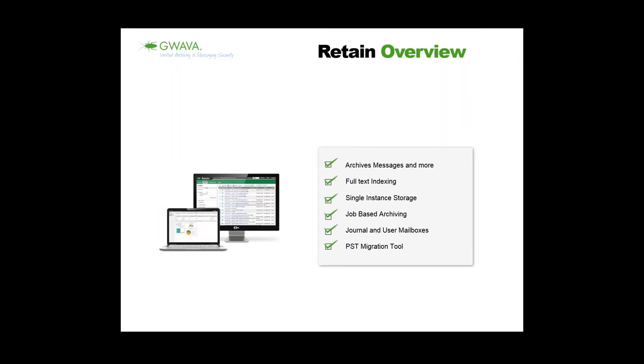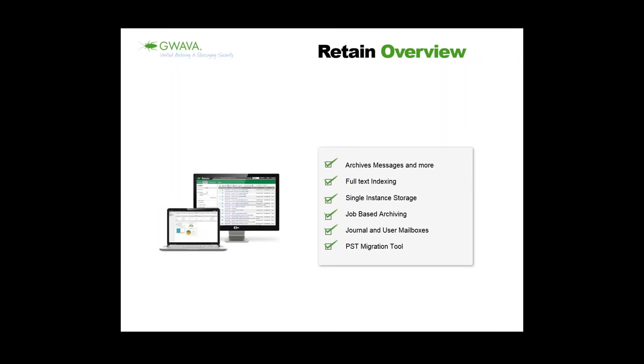We archive the folder structure from the time of the archiving job, meaning that we don't move inside the archive. The archive is only readable, so the user can't delete anything, can't change anything, but he can search, he can restore messages, or he can use his Outlook client to access the archive.